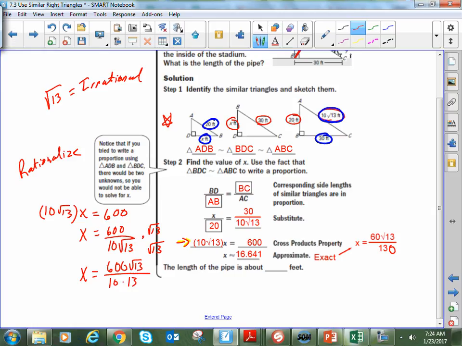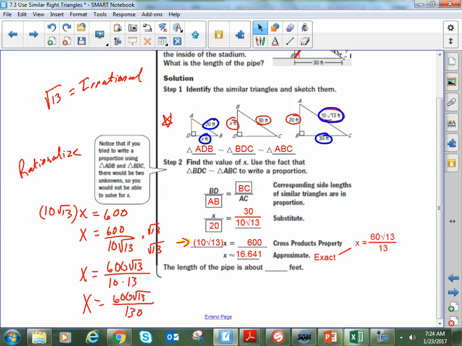Well, square root of 13 times square root of 13 is just 13. So here we get 600 radical 13 over 130, and 600 over 130 simplifies to be 60 over 13 with the radical 13 in the numerator.